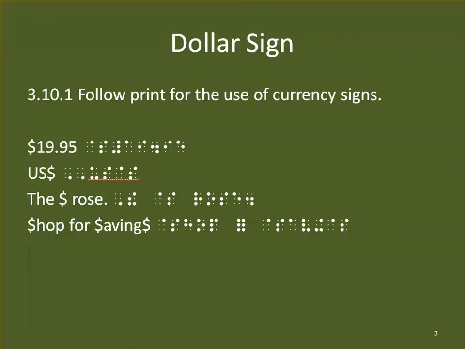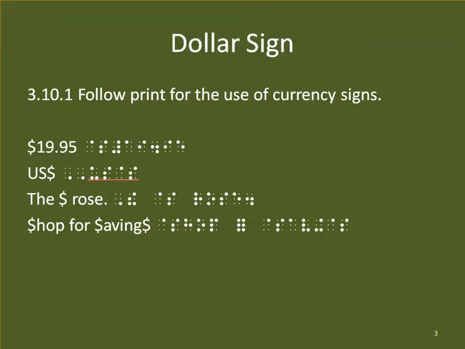The dollar rose, and using the dollar sign there all by itself, or using it in substitution for an S in, say, a sales flyer, shop for savings. And again, I think that works out really nicely because it still reads as the words, but it's indicated as a dollar sign with that .4.